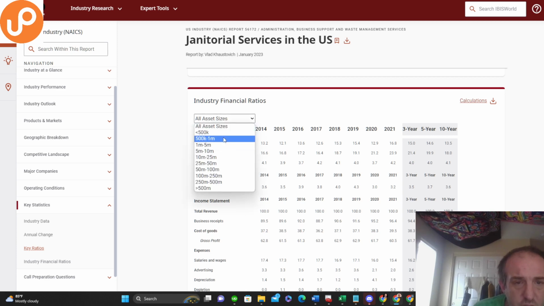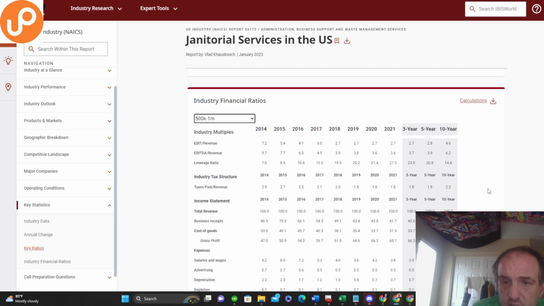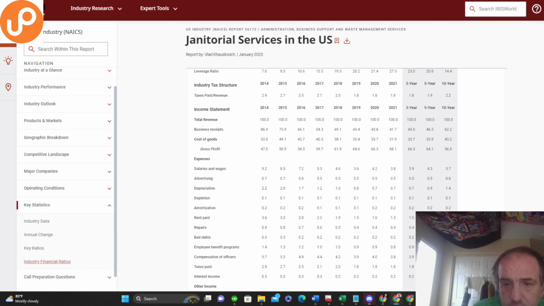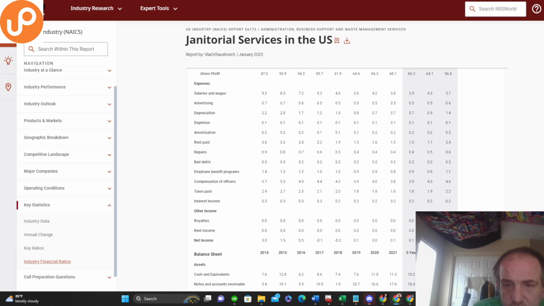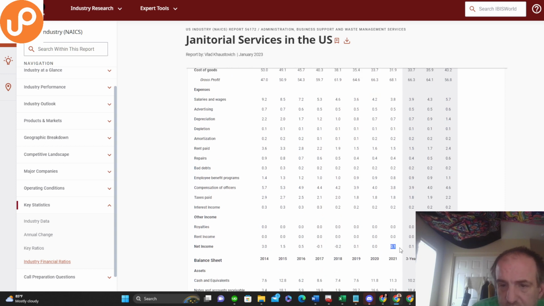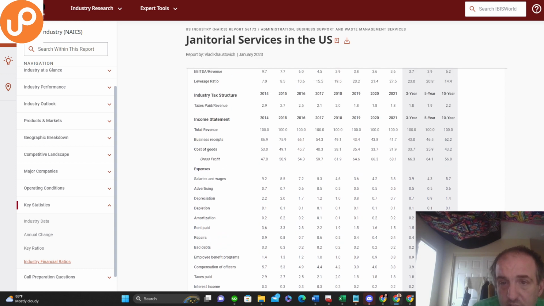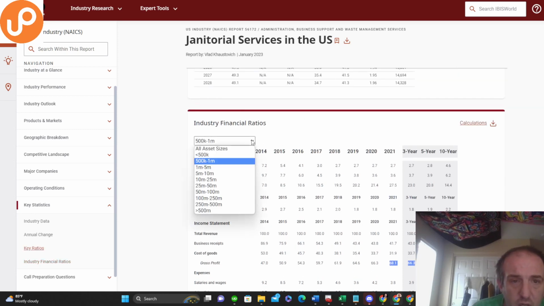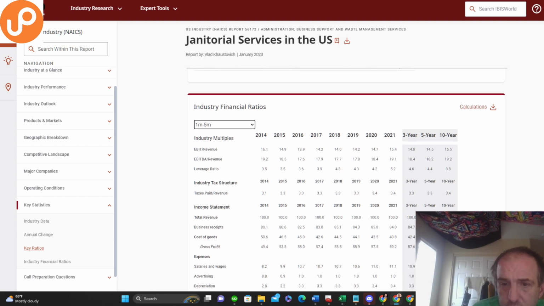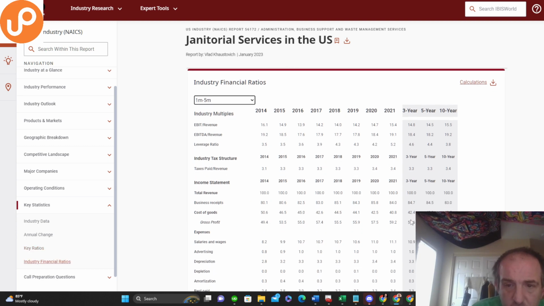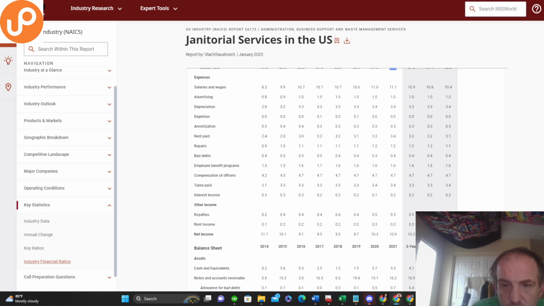Then you can look through these, because sometimes there will be a fair, like, see, look, that one, there's barely any net income, and the gross profit's high. But then when you go to 1.5 mil, you got a little lower gross profit and a much higher net income.